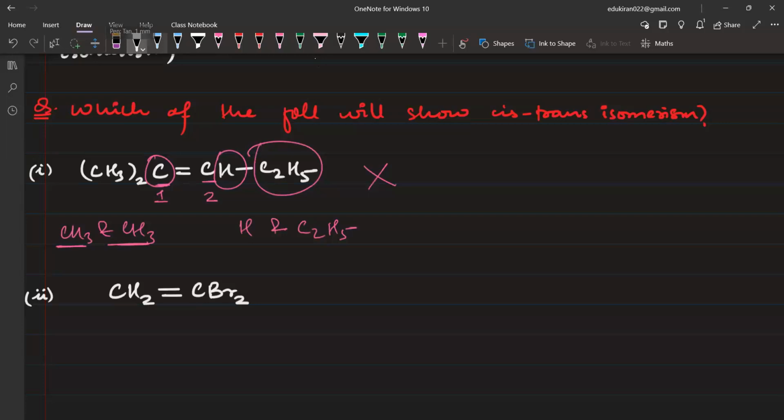Tell me guys. Yes. But again we have to do the same thing. Which groups are on this carbon atom? Tell me guys. Noha, you tell me, this carbon atom. Yes Noha. This carbon atom is having what groups other than the double bond?